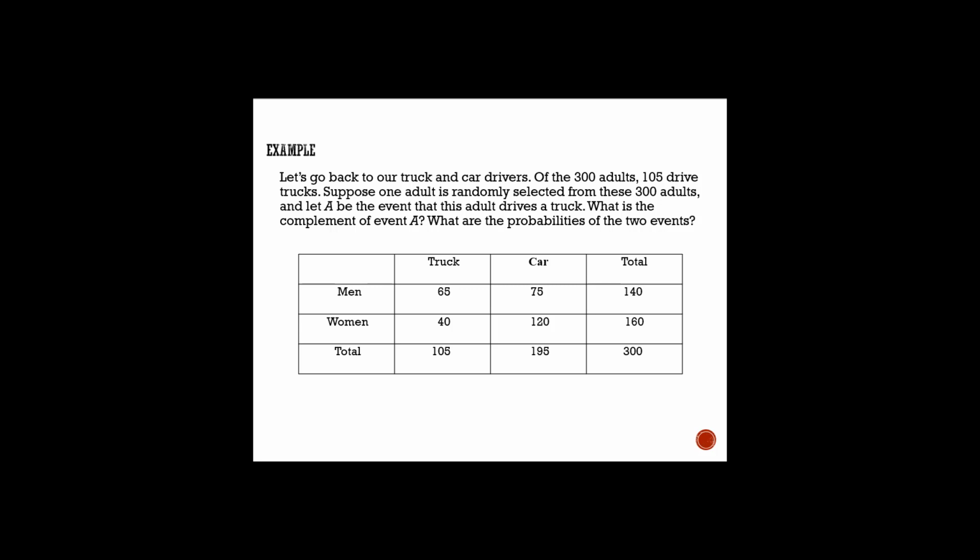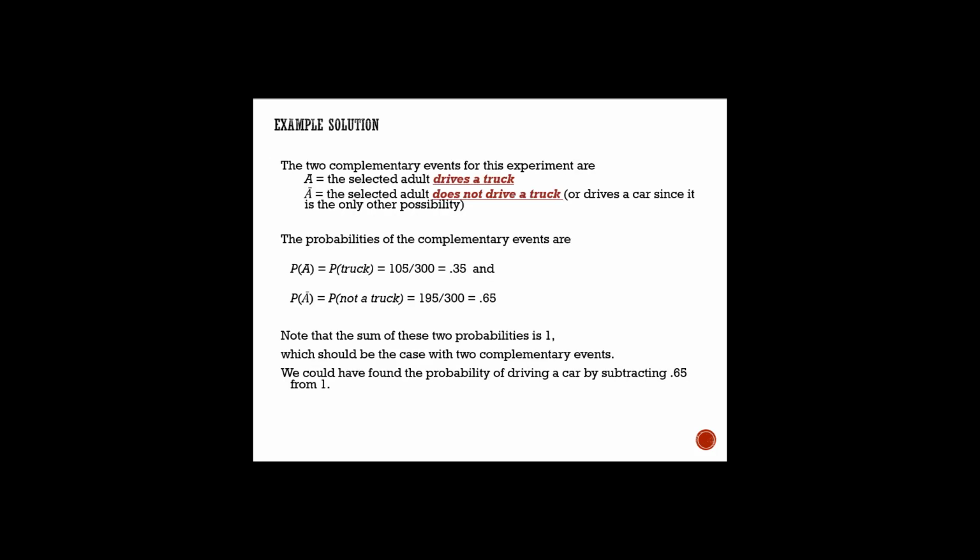So let's look at the margins. 105 divided by 300 are the numbers I'm interested in. That's my probability for driving a truck. Now, from that, you don't even need the chart anymore. You can calculate the complementary event, which is driving a car, just because you know the probability of A, driving a truck.